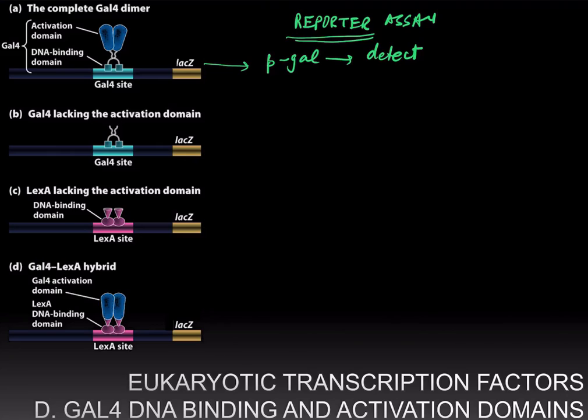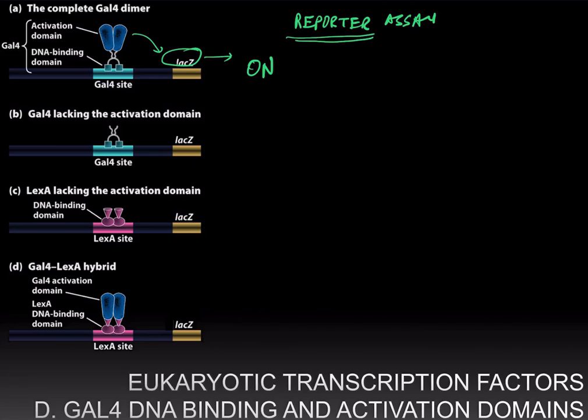Now, if we make this synthetic gene, since GAL4 activates transcription, it will recruit RNA polymerase to the promoter, and the gene will be on, it will get transcribed, and we will be able to detect beta-gal.